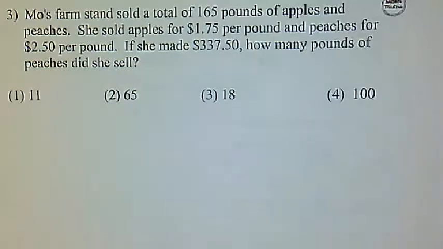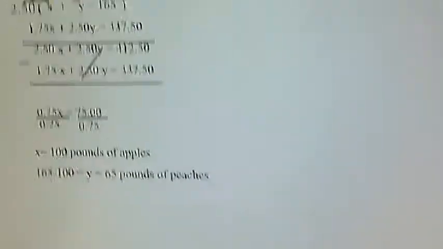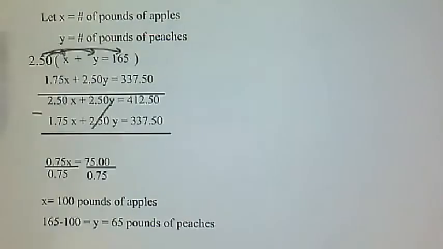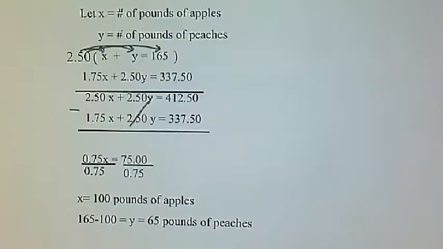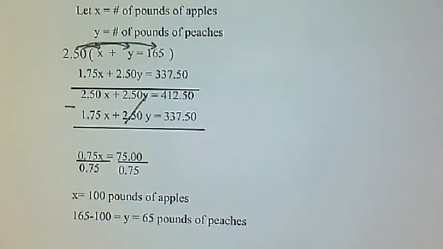Okay, so for that one, I already did this one too, I will just talk about it. Next lesson we're going to do more with real-world application problems, but I wanted to get started so that we could have another example.